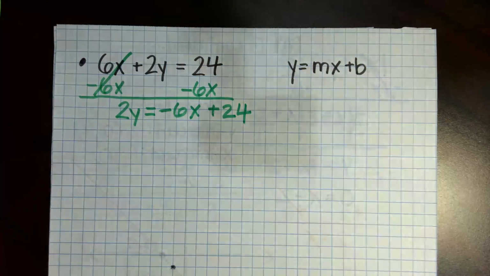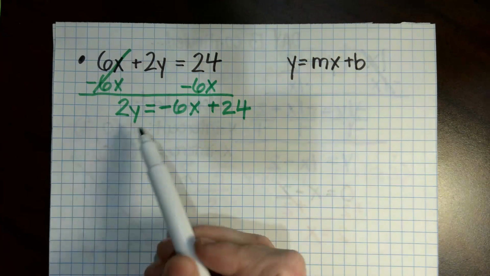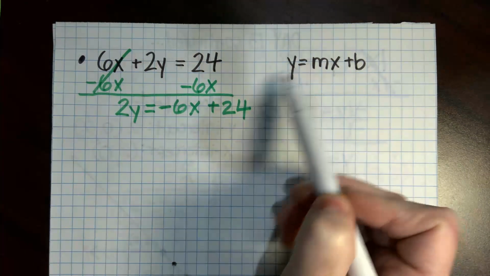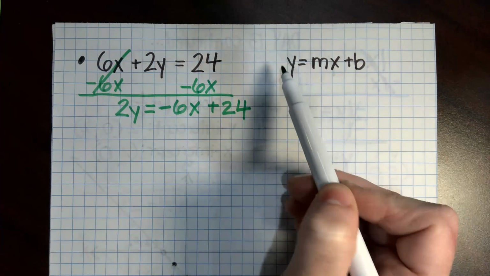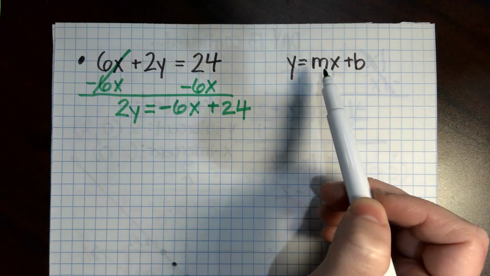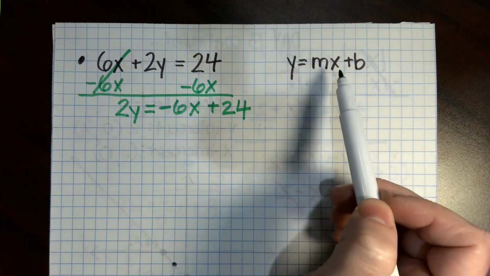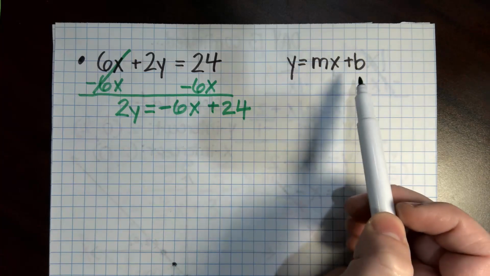Okay, where do we go from here? Remember what our goal is here is to get our equation to be in the slope-intercept form where we have a y by itself equals our slope x plus our y-intercept here, mx plus b.